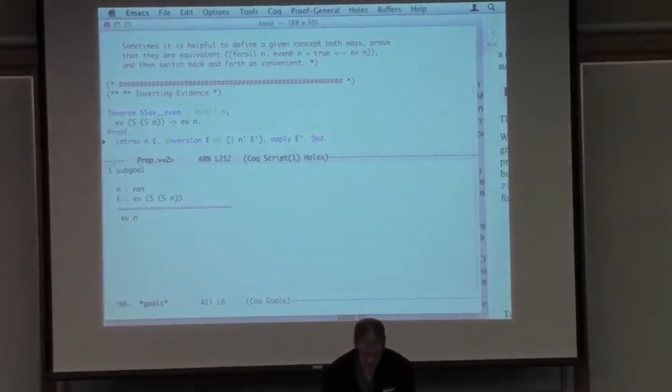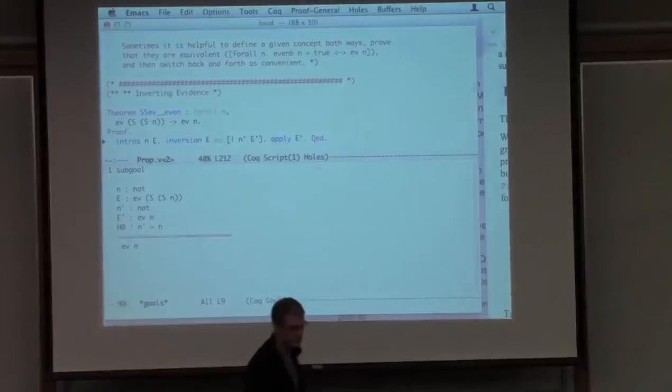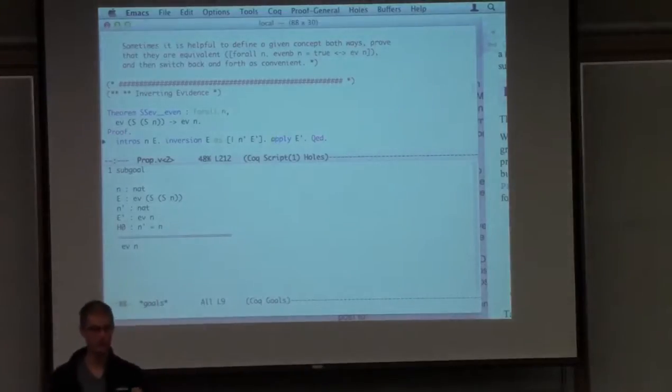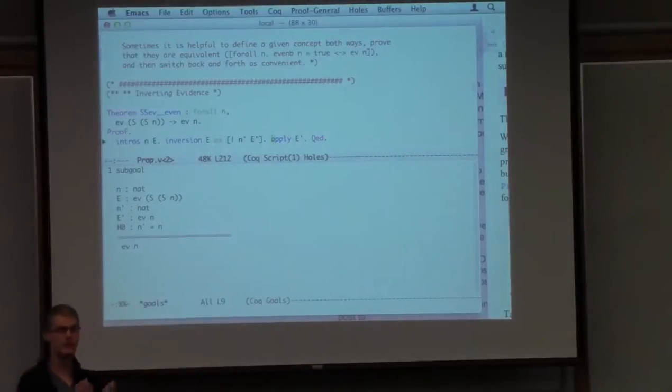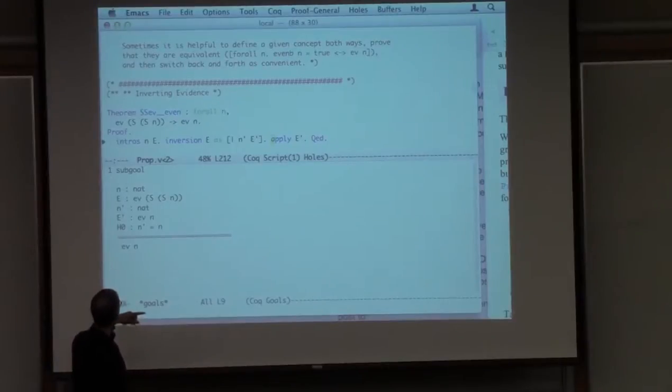So we do that with inversion, and the inversion, as we've seen before, gives us some equalities, things that must have been the case, things that must have been the same in order to correctly apply that constructor. In this case, not a very interesting equality.